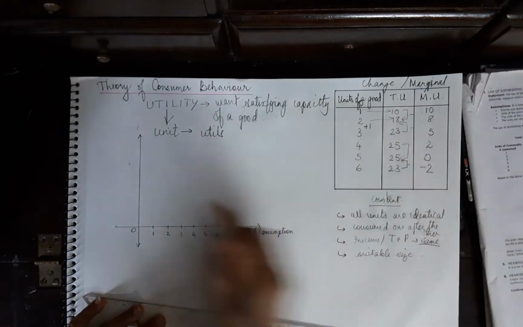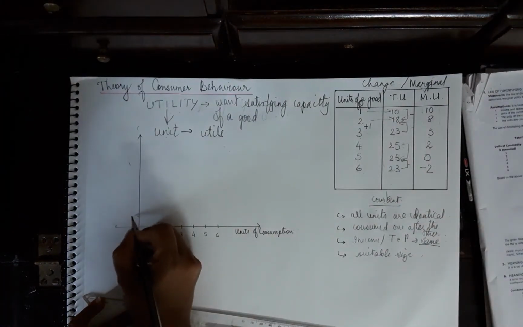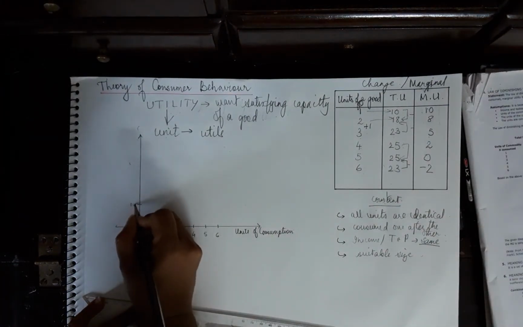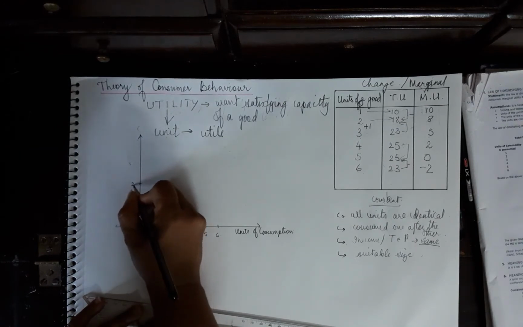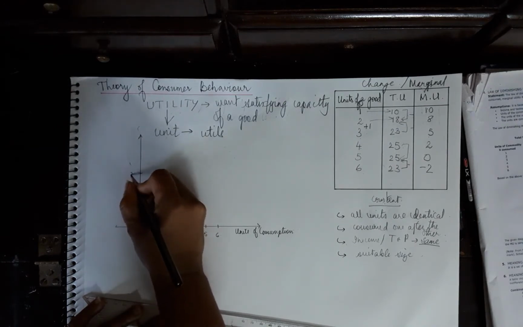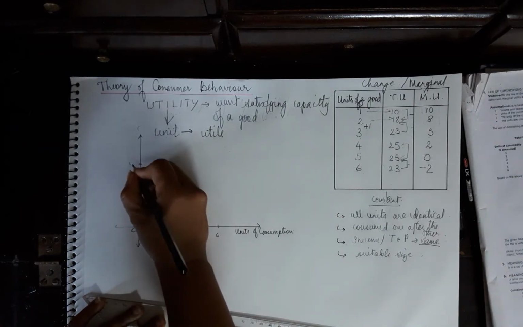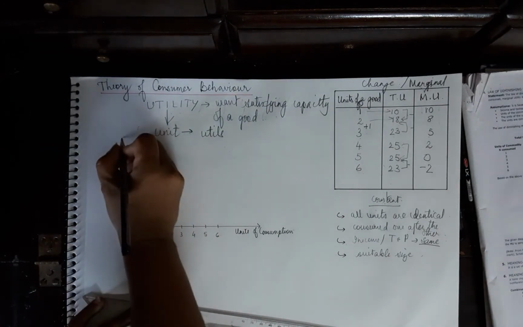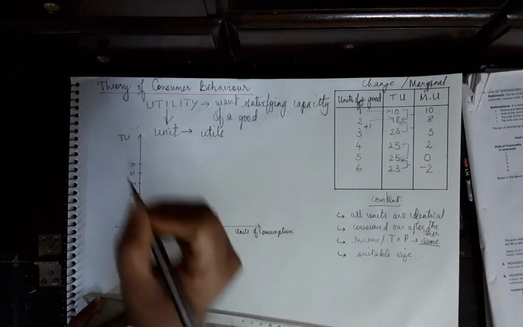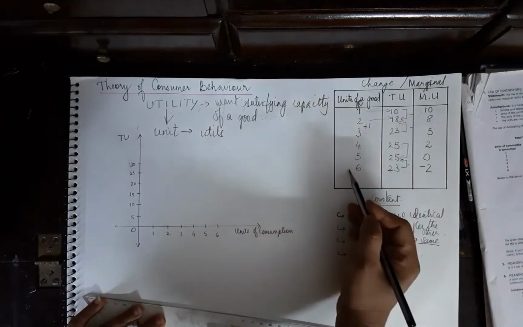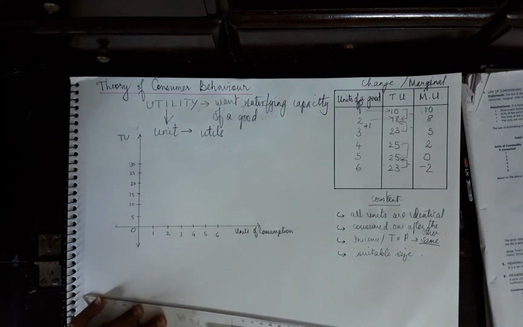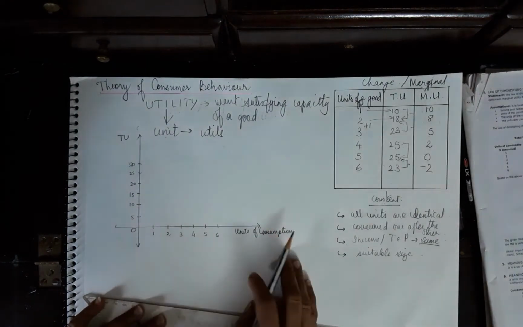And for the y-axis, I will take 5, 10, 15, 20, 25. Let's go up till 30. What is this now on the y-axis? Total utility. So this column will go on the y-axis and this column, units of a good, will go on the x-axis. We'll start plotting the points, okay?